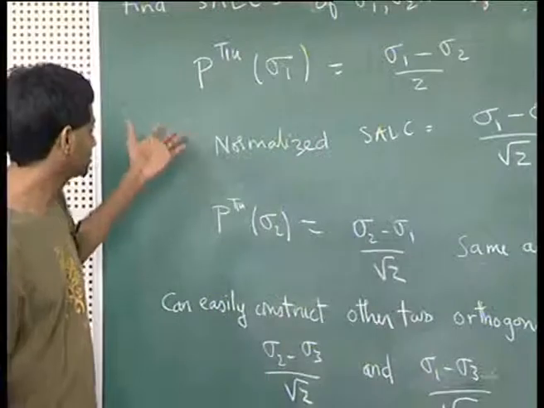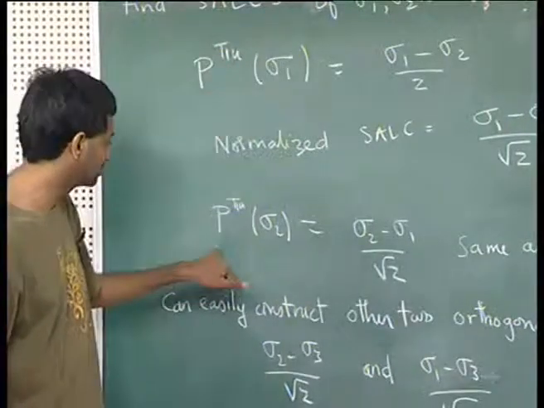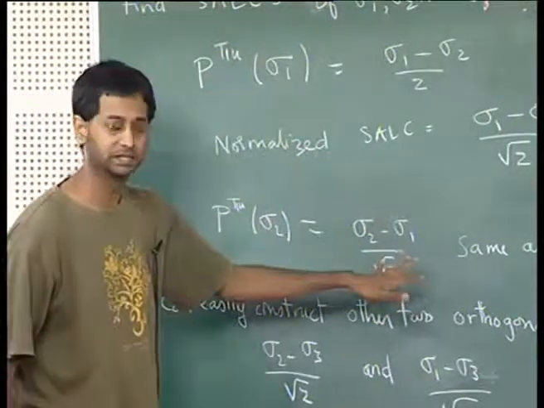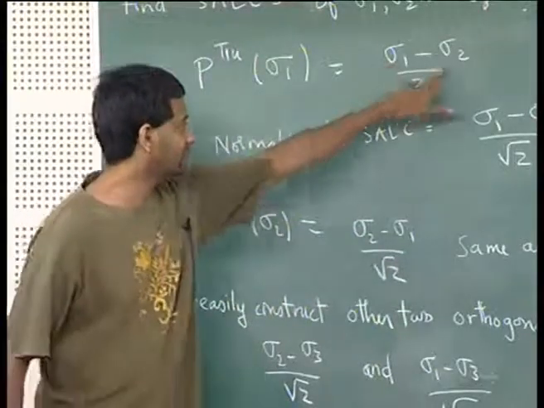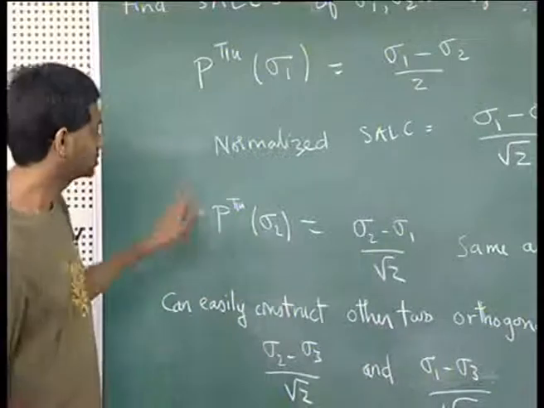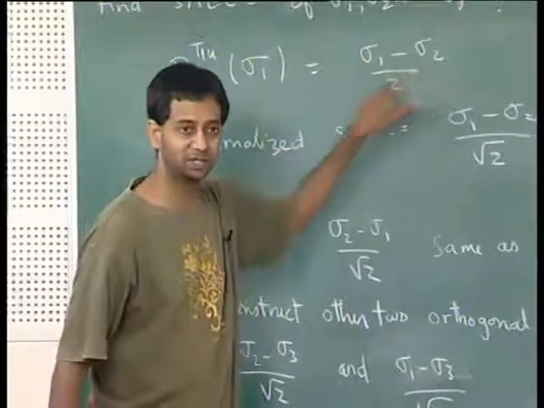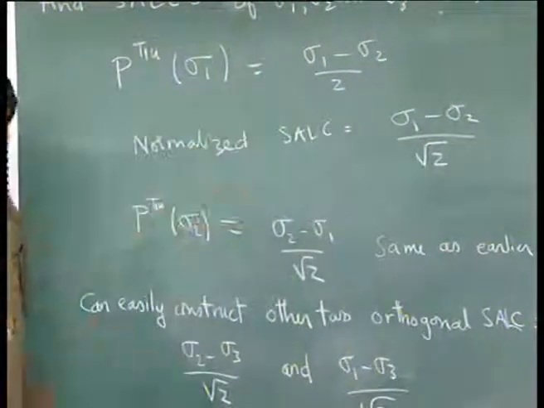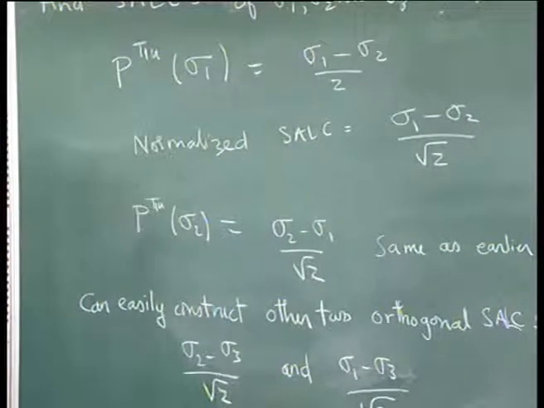So if we take sigma 2 we will get the same thing. If I take sigma 1 minus sigma 2 by 2 I should get back sigma 1 minus sigma 2 by 2, and indeed that is correct.